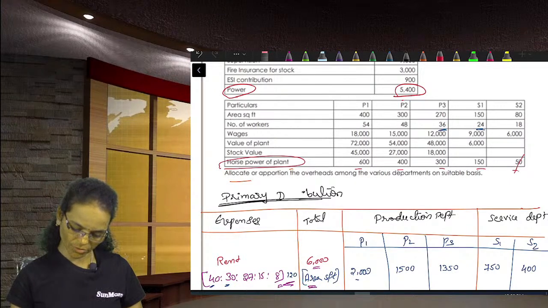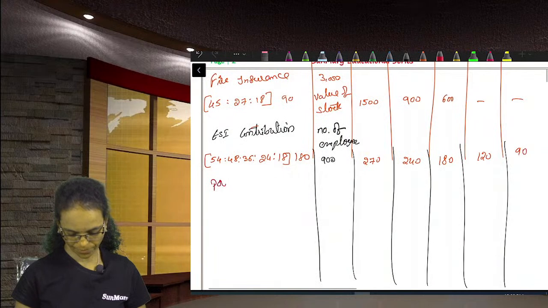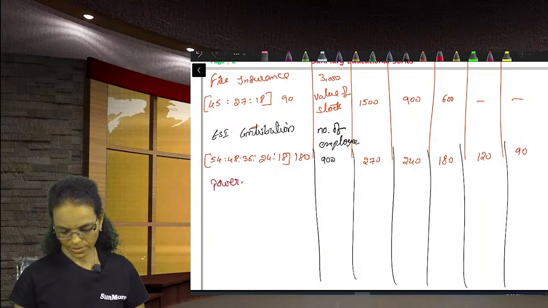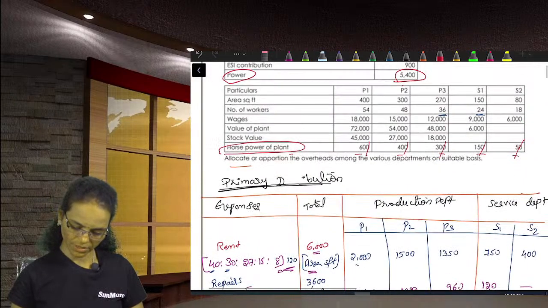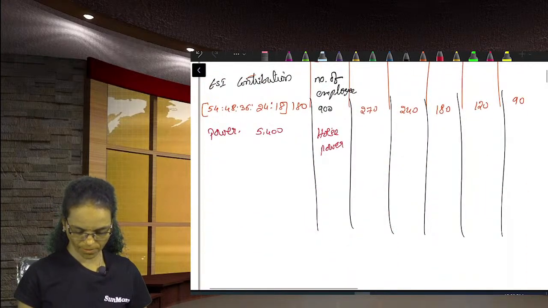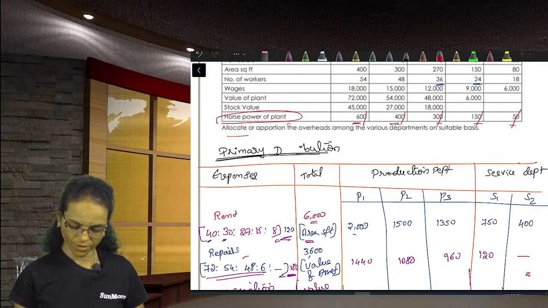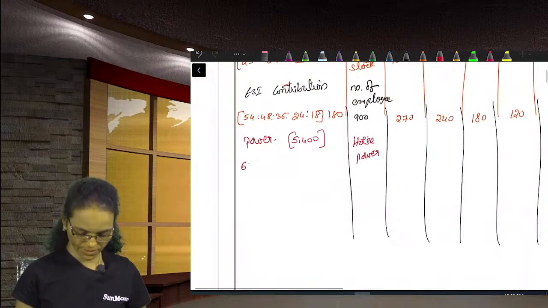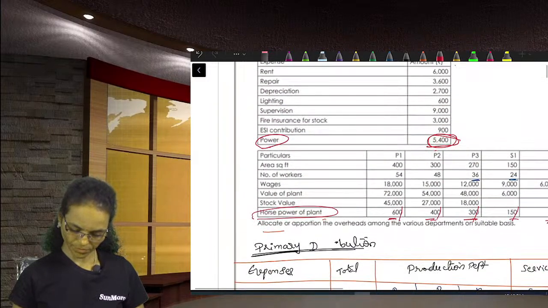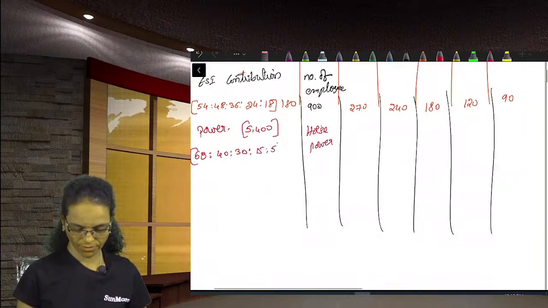Everywhere 0 is common, you remove the zeros. The ratio is 60, 40, 30, 15, 5.